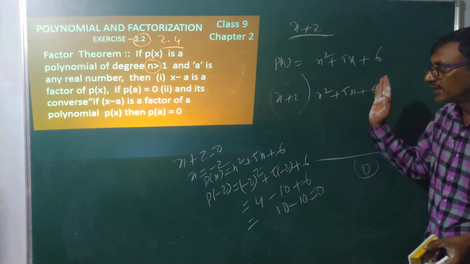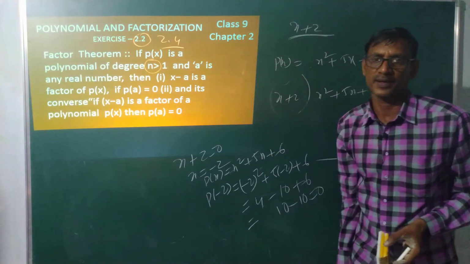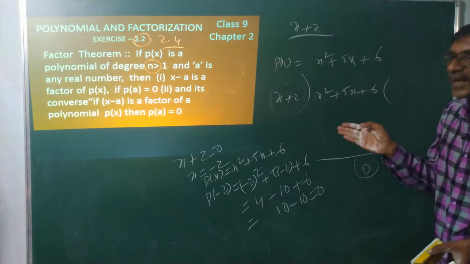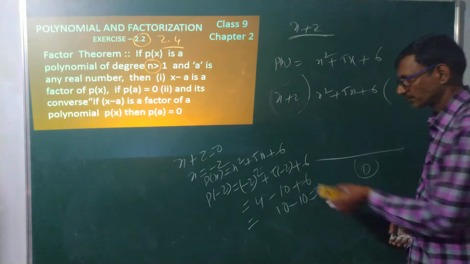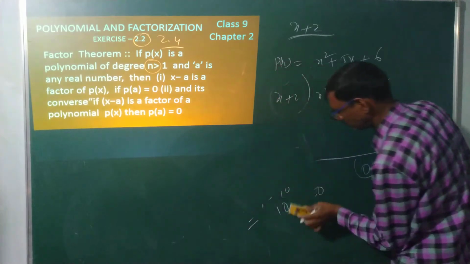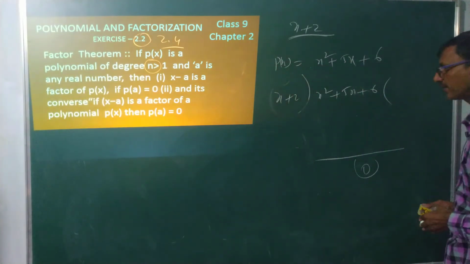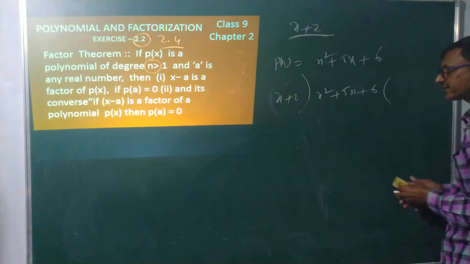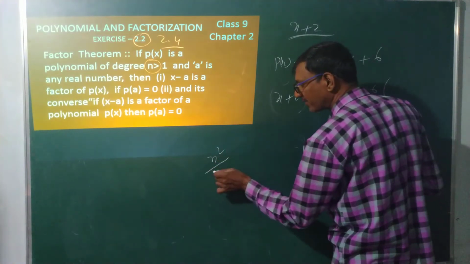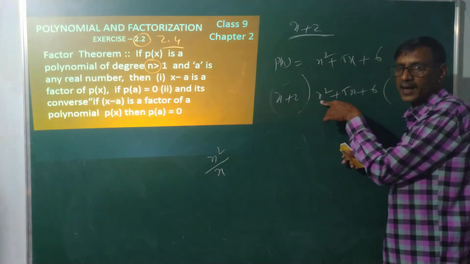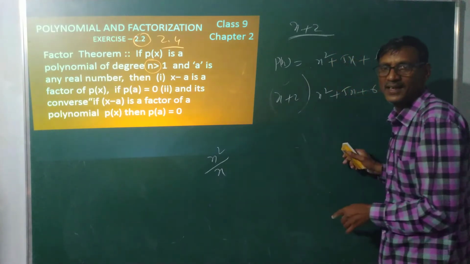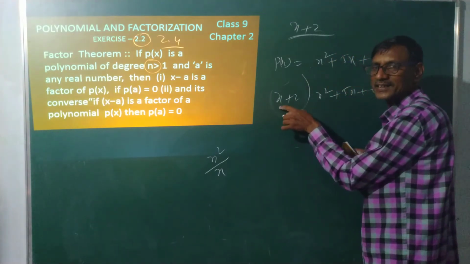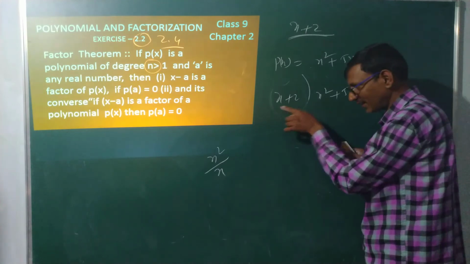This is given in the definition. So let us try with the actual division. Will we get 0 or not? Very simple. x square is divided by x. The highest degree term of this polynomial is divided by the highest degree term of the divisor.